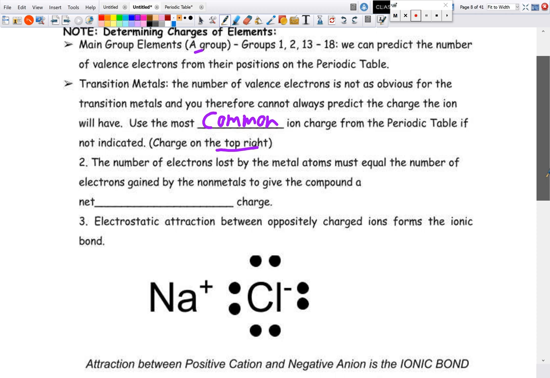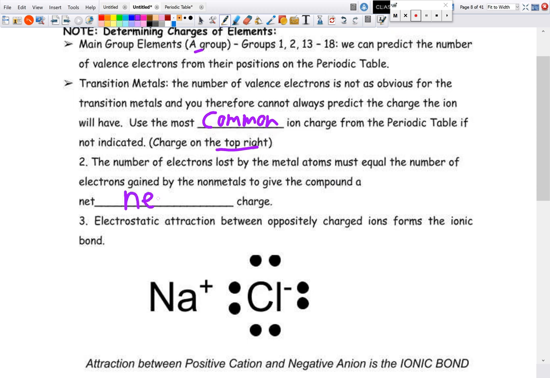Now, one of the rules that we are going to have is that the total number of electrons lost by the metal must equal the total number of electrons gained by the nonmetal until we have a net neutral charge. That is because no compound out there is going to be charged. If it's charged, it is an ion. If it's an atom or a compound, it is neutrally charged. That means the total positive charge must equal the total negative charge.